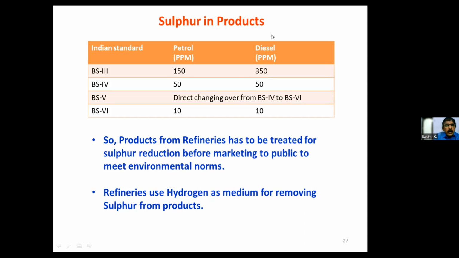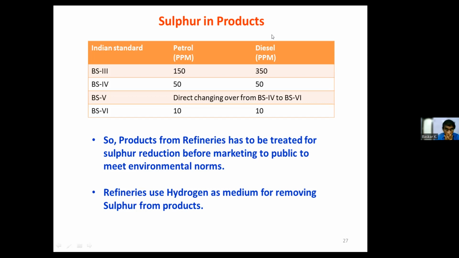Okay, almost nil, 10 ppm. Because of environmental constraints, global warming and environmental conditions, the government has instructed refineries to produce less sulfur material, because of the continuous burning on Indian roads, right, or world roads.